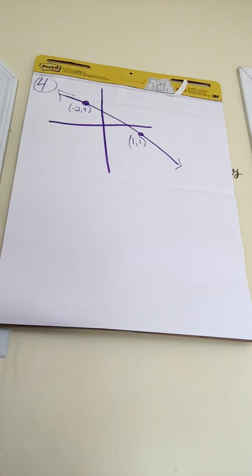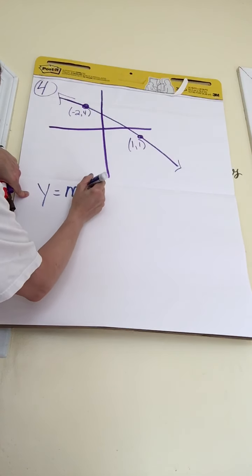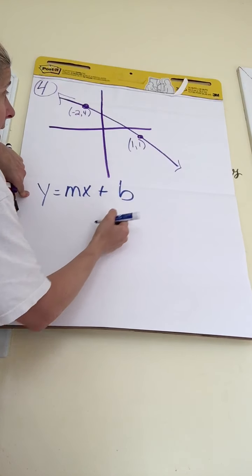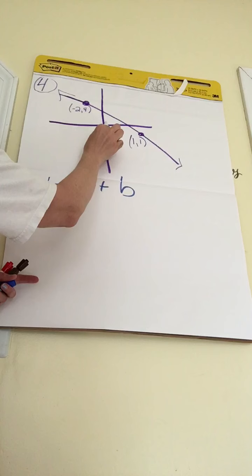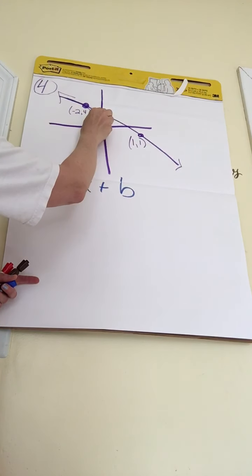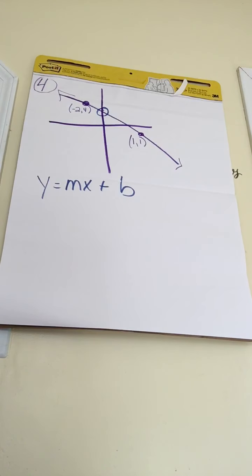So we need to find our function rule, and that's y equals mx plus b. I do not have a surefire way of finding my y-intercept, so I am going to need to read my graph. If I read my graph, where does my line cross the y? It crosses right there.